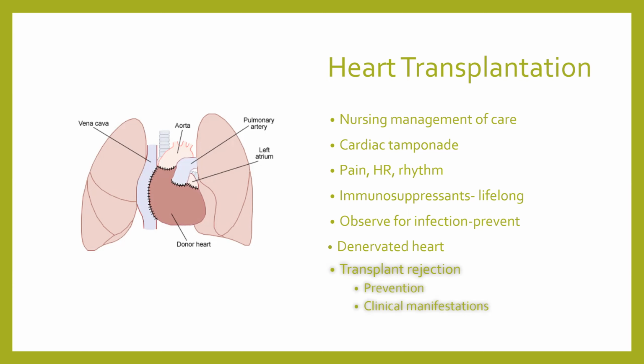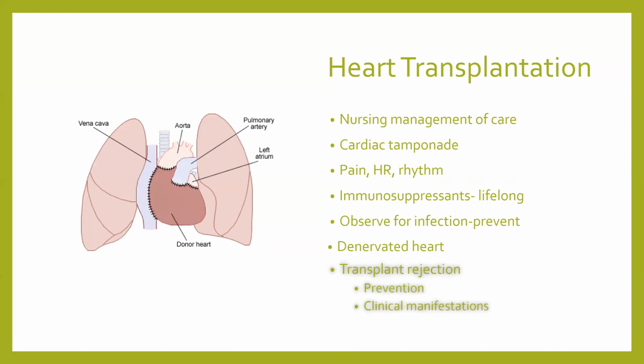For example, their pain response in the heart is often altered due to this denervation because they don't have nerves in their heart. So they may not sense chest pain. So we're looking for other symptoms of cardiac tamponade and other symptoms of things like MI. Their resting heart rate post-transplant is often higher than a normal person, generally 90 to 120.